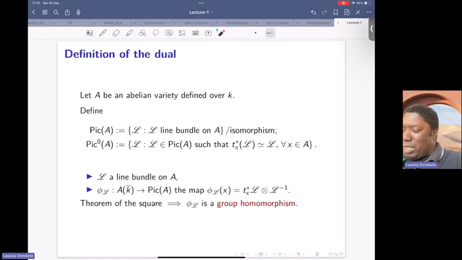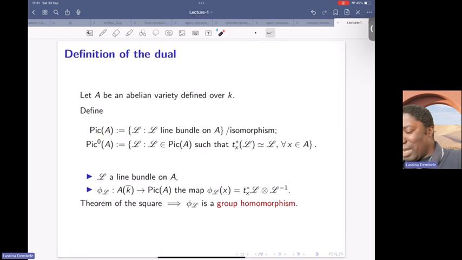So for this, I'm going to start by recalling some definitions. The first definition is the so-called Picard group of our abelian variety, which here is Pic A.